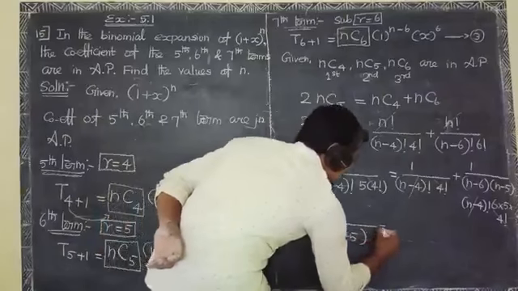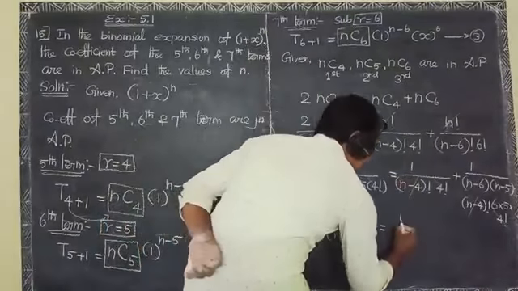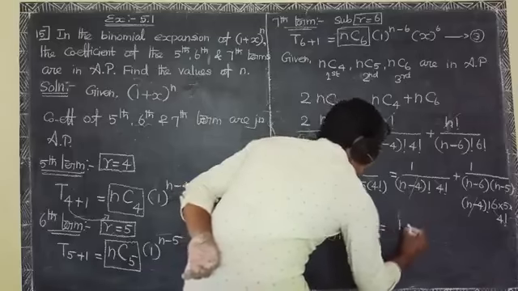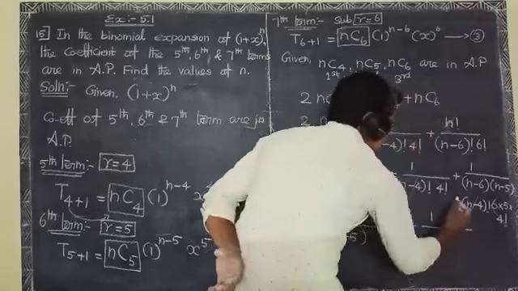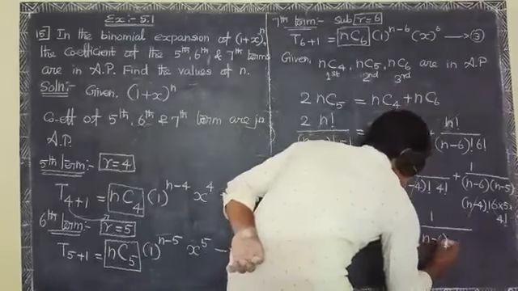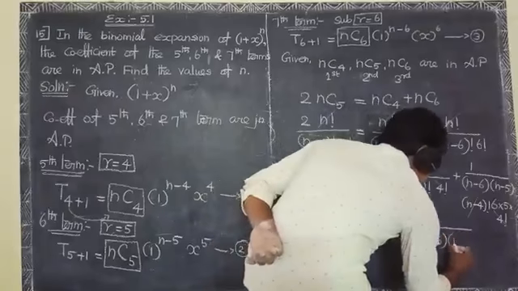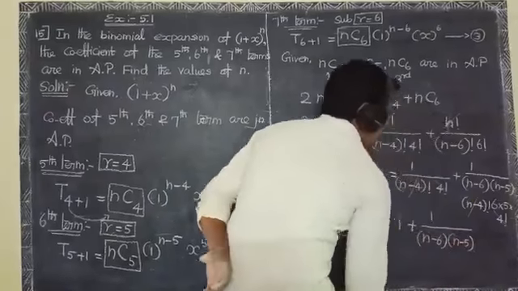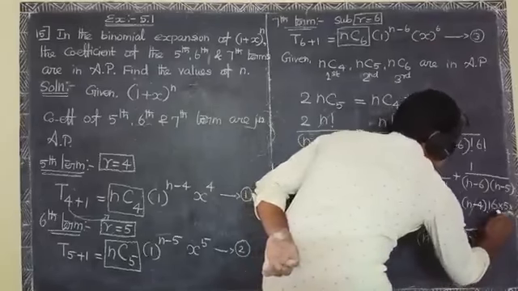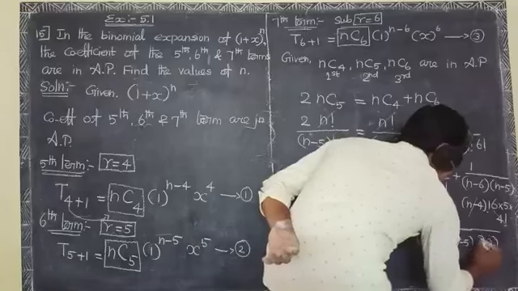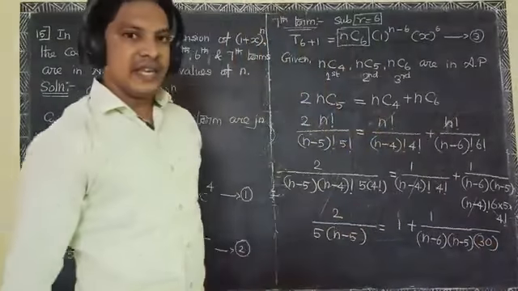Which is equal to 1 plus 1 divided by (n minus 6)(n minus 5), and then the remaining is 6 into 5, which is 30.